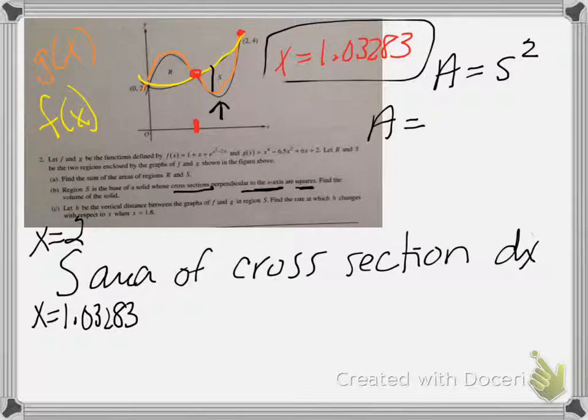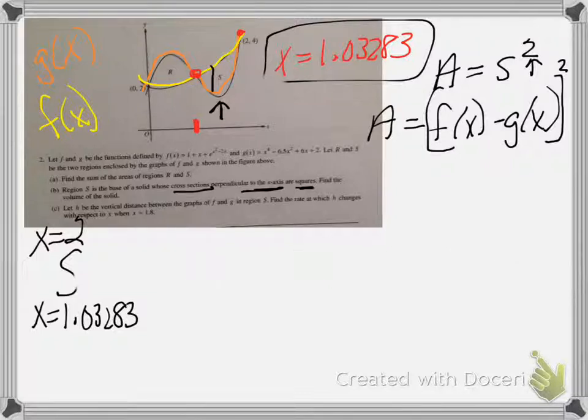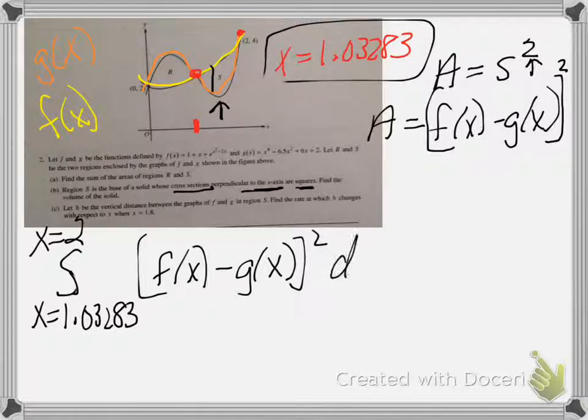So that would be f of x minus g of x. That would be one side. So we have to square it. Now I'm just going to replace that for the area of the cross-section. So I have f of x minus g of x all squared dx.